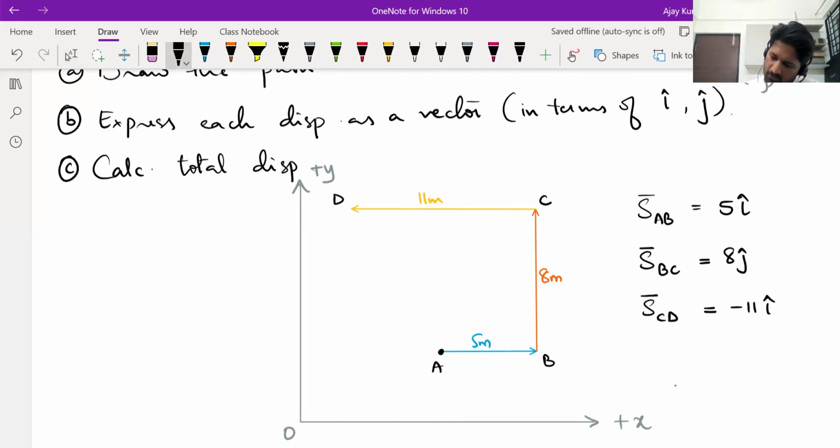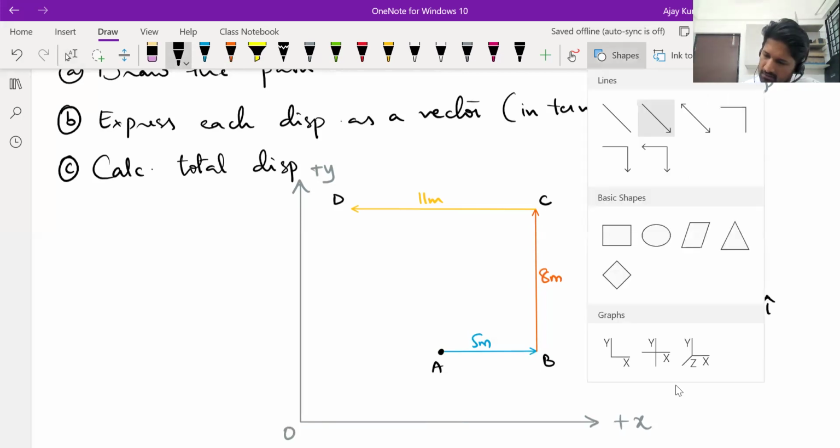Now total displacement is the vector from A to D, as you can see. Let us draw that vector.